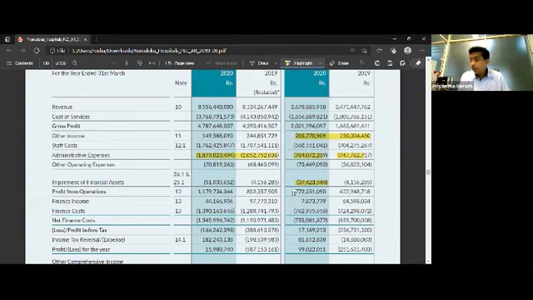And profit from operations, right, increased from 422 million to 772 million. A significant increase in profit from operations of the company, right? What's the percentage increase? Profit from operations?